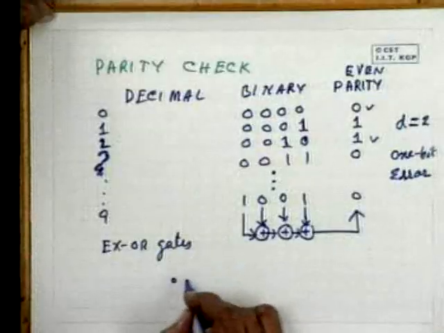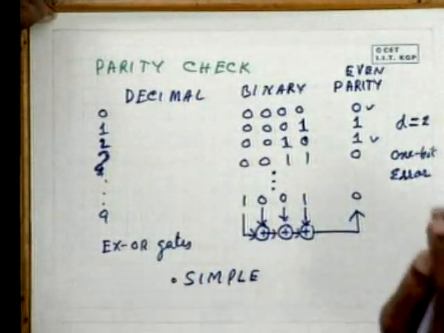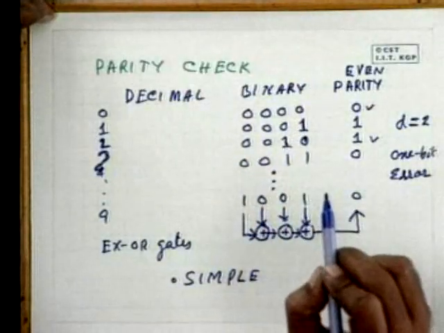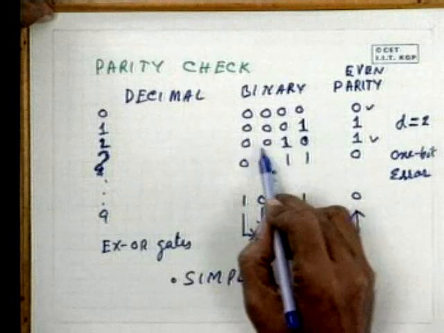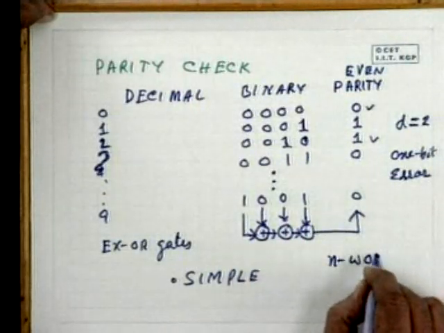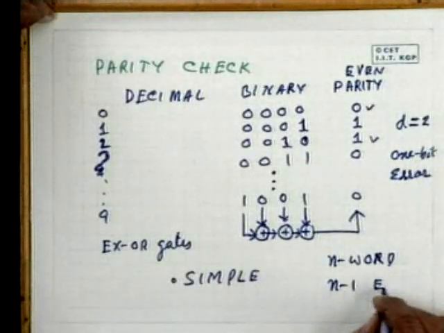So realization of the parity checking is quite simple, because you require very simple gates like XOR gates, and the number depends on the size of the code word. For example, if you have n bits in the word, then you require n minus 1 XOR gates.